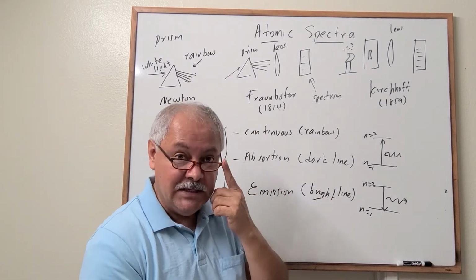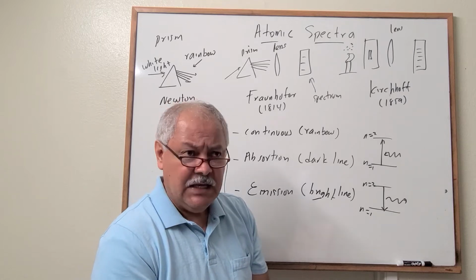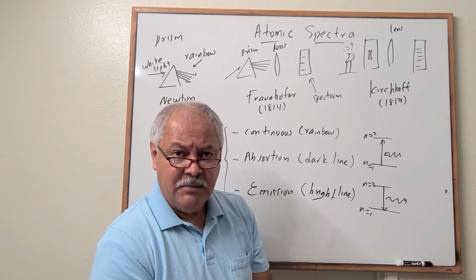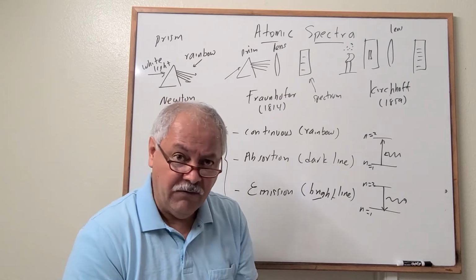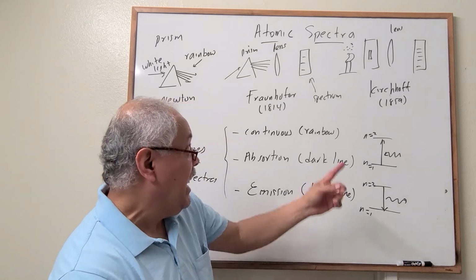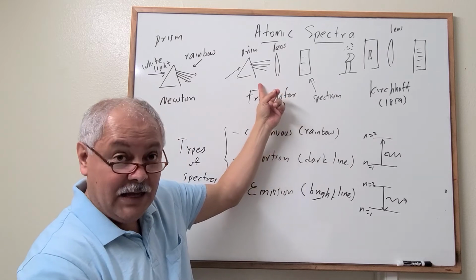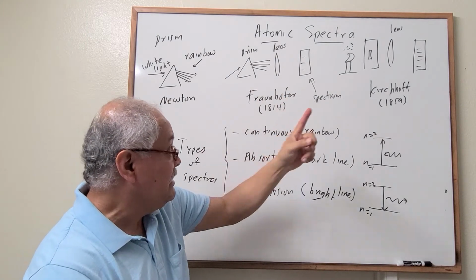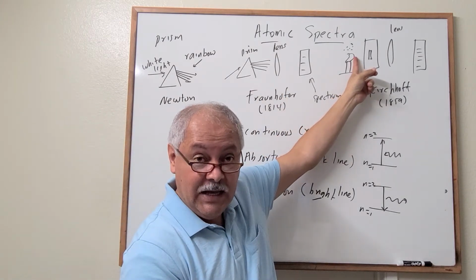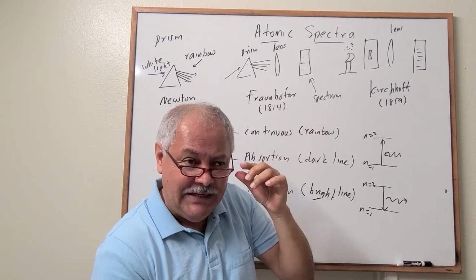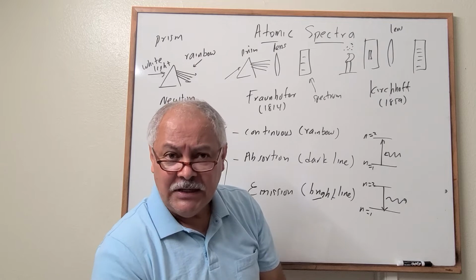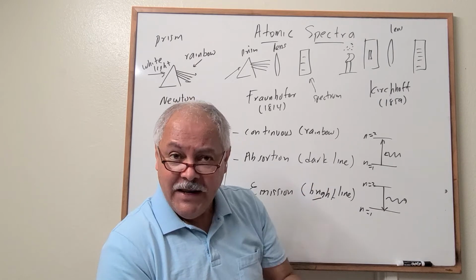Later, by 1857, Robert Bunsen invented his burner, the Bunsen burner. This Bunsen burner was used by Gustav Kirchhoff, and he repeated the same experiment as Fraunhofer. But in this case, he used this burner that produces a very clean and colorless flame.